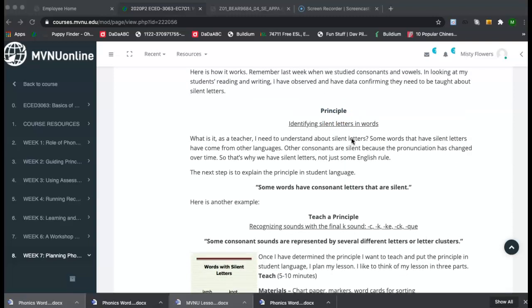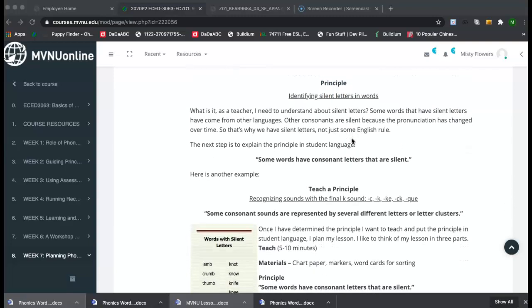And I'm going to tell the children, because they're going to need to know this principle in these exact words, some words have consonant letters that are silent. And I'm going to use that academic language, consonant letters. They need to know that.